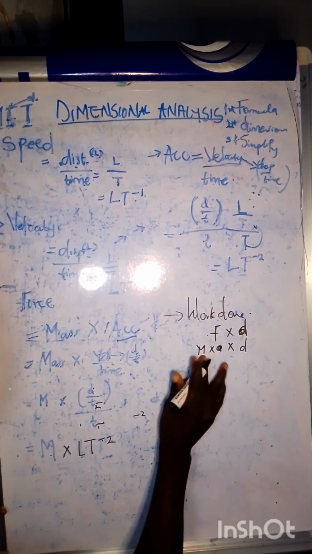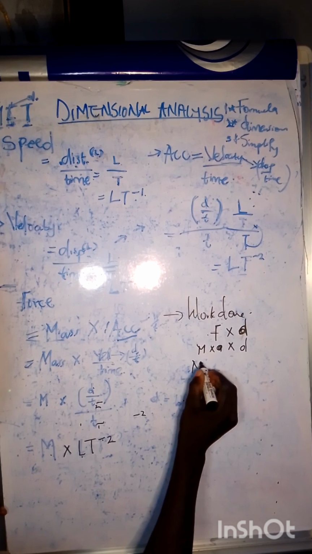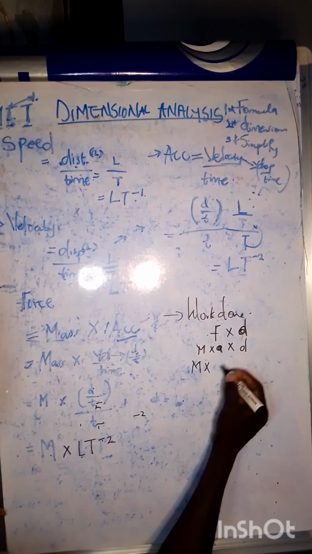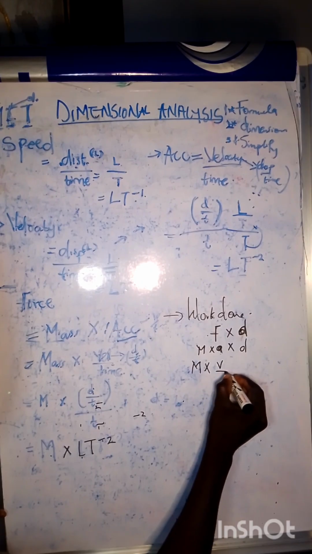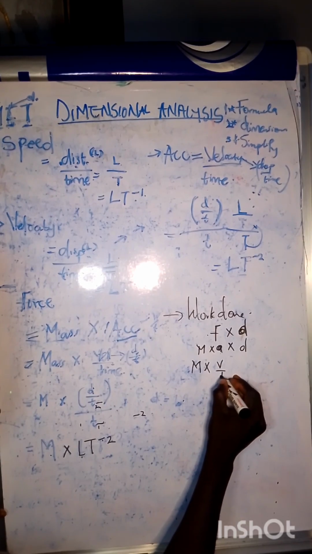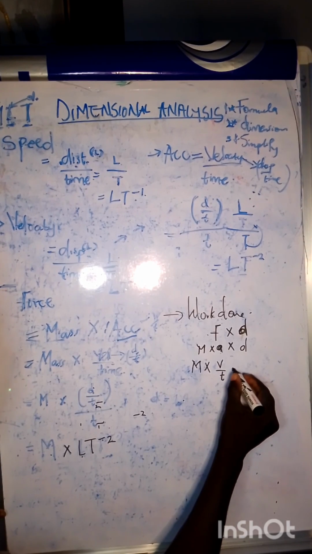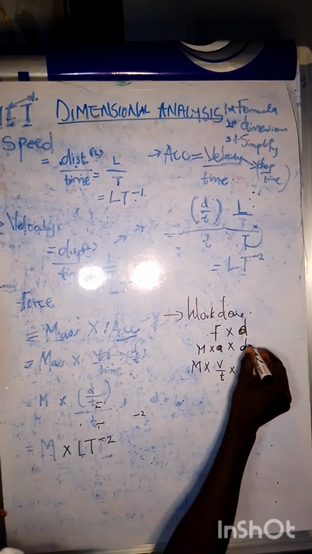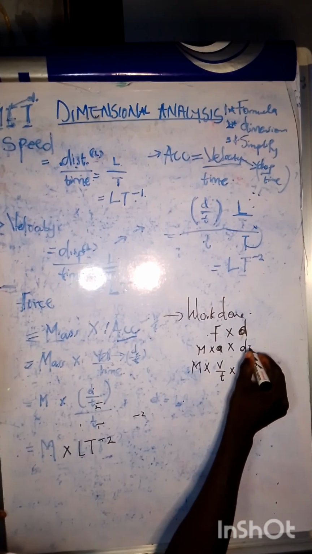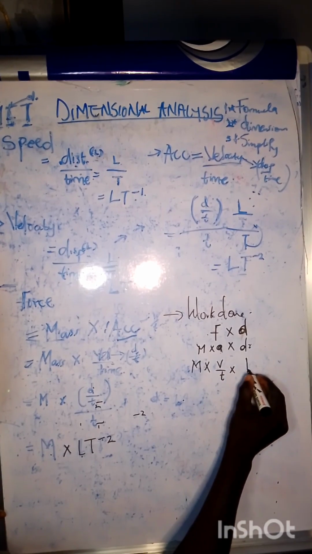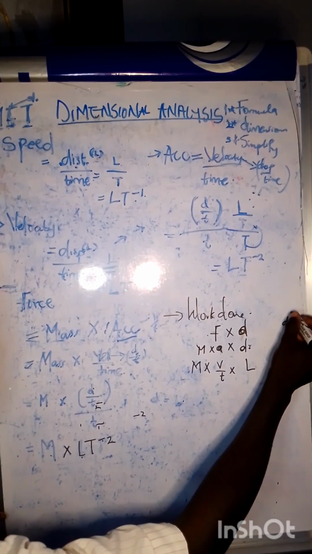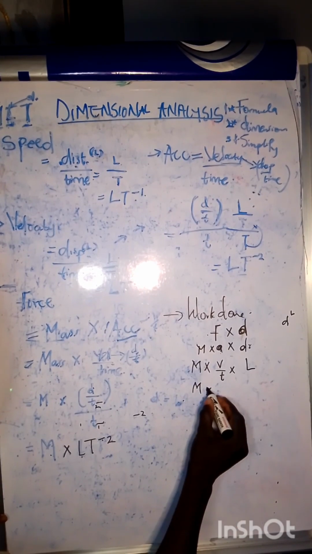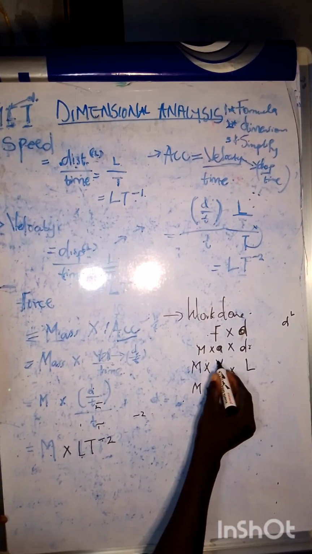Then your mass. So we are actually going to be solving further. Then what is acceleration too? Acceleration will be velocity divided by time, the rate of change of velocity with time, then multiply by D. I told you the dimension of D is L. Please don't forget, your D will always be represented by L. So now your M multiplied by, let's solve further till we are not able to solve it again.